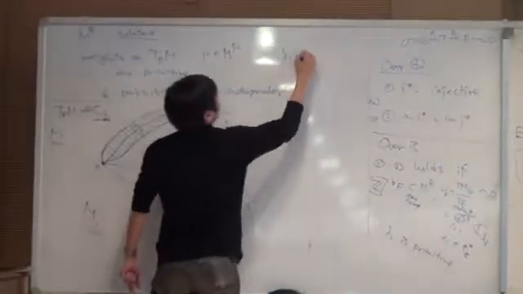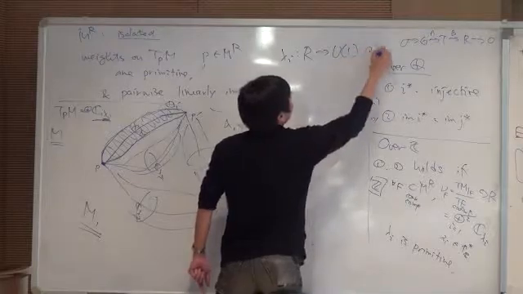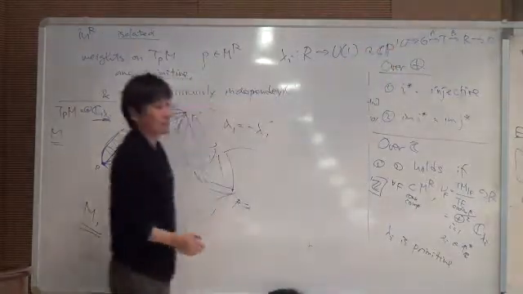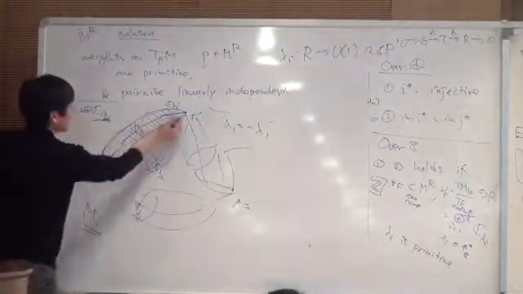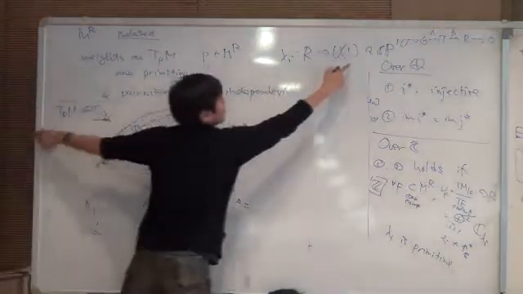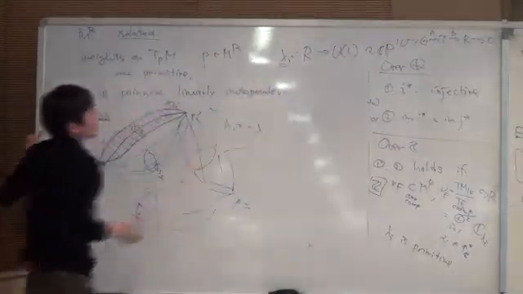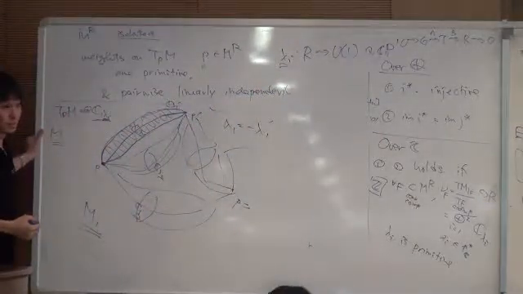Lambda i in this picture is a character from R to U1, and then U1 acts on CP1. So on this particular P1, R acts through U1, and that's specified by this weight lambda i.